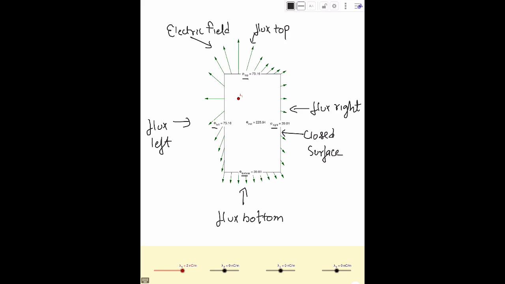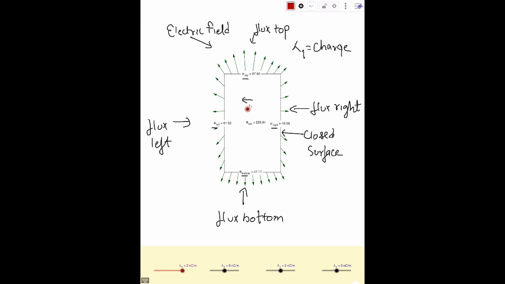What you see here is lambda, and lambda 1 is nothing but our charge. I'm going to catch hold of this lambda and move it around.